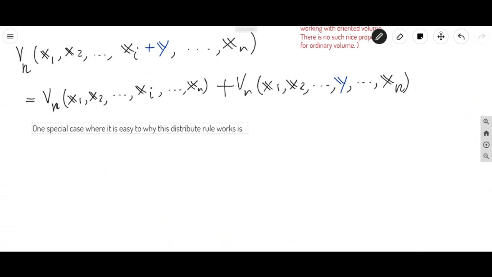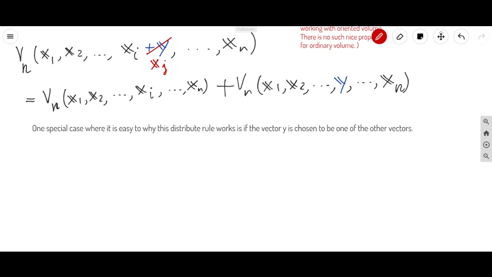works is if the vector y is chosen to be one of the other vectors. So if this y over here is chosen to be one of the other vectors, so for example, let's say you put it over here in xj, some other vector, then it's easy to see.